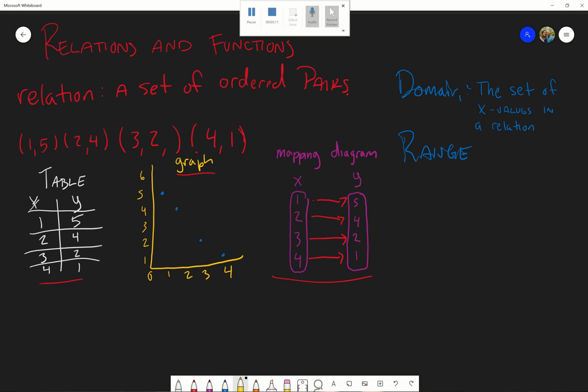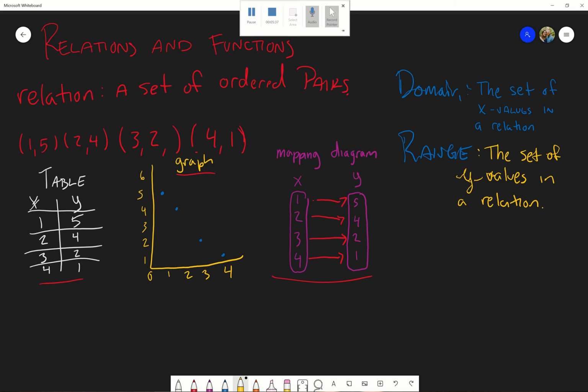And the range is, I'm sure you can guess, the set of y values in a relation. Okay, domain, set of x values, range, set of y values.